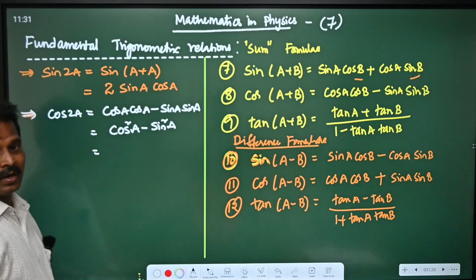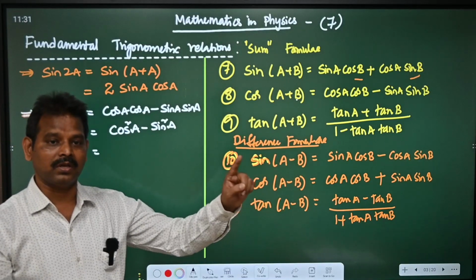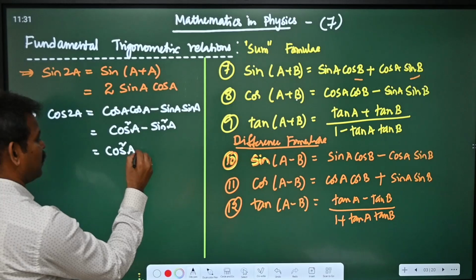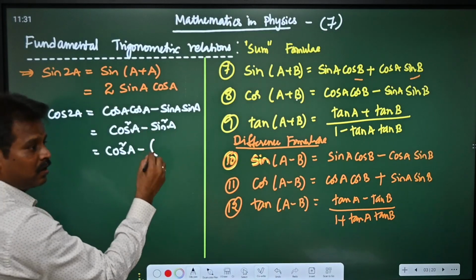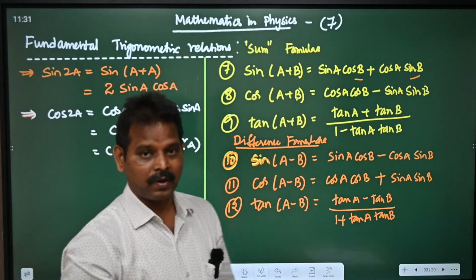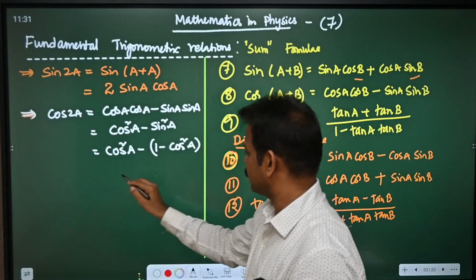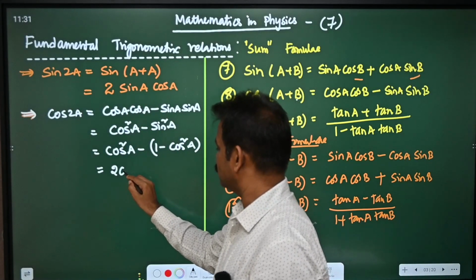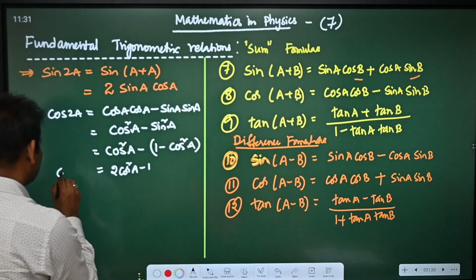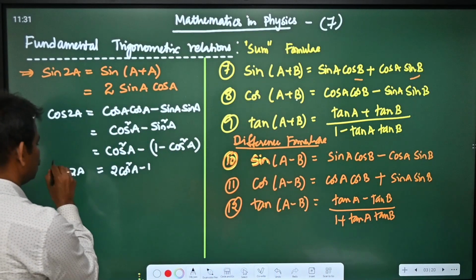And once again we can write sin square theta plus cos square theta is equal to 1. So this cos square a minus sin square a can be written as cos square a minus 1 minus cos square a. So from these two, minus of minus will become plus, which can be written as 2 cos square a minus 1. This is cos 2a. This is one formula.